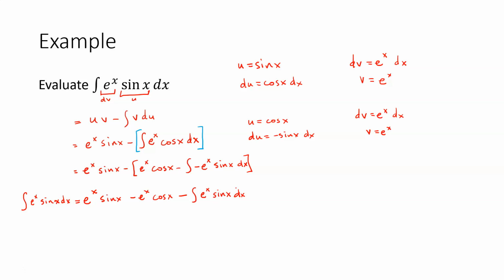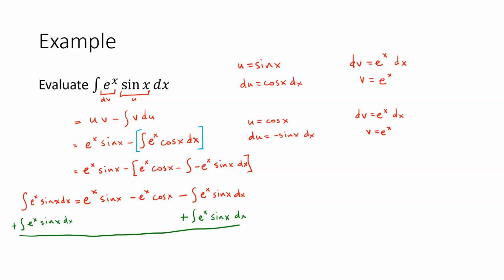So think of this like a variable that we're trying to isolate in an equation. If I can isolate this integral on one side of the equation, then we've solved for it. So that's exactly what I'll do, is I'll add this integral to both sides of the equation so that I can combine it with the integral over on this side, just like I'm solving an equation.